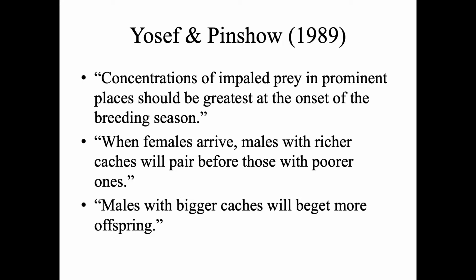But they could have just as easily used an observational paradigm where they just quantified the caches and then looked for correlations between cache size and date of pairing, number of offspring, et cetera. It wouldn't have been as strong of a test of the idea, but it would have given you an answer, just not as strong of an answer as you would have if you had done an experiment.